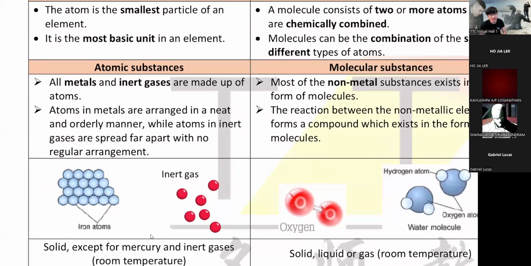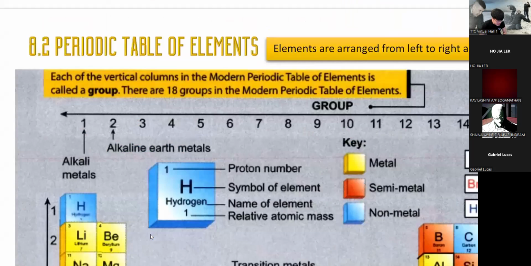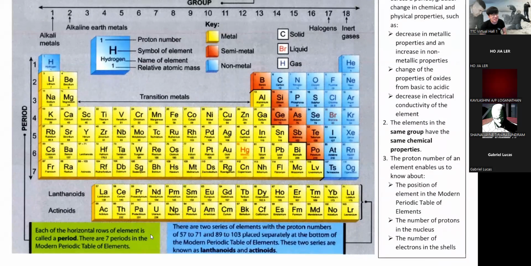A gold bar inside only has gold atoms because it is 99.999% pure. There's only gold atom inside. Maybe a few atoms of oxygen, but they are generally very pure. So that's what we call an atomic substance. All metals are atomic substances. If you remember, this is your periodic table.